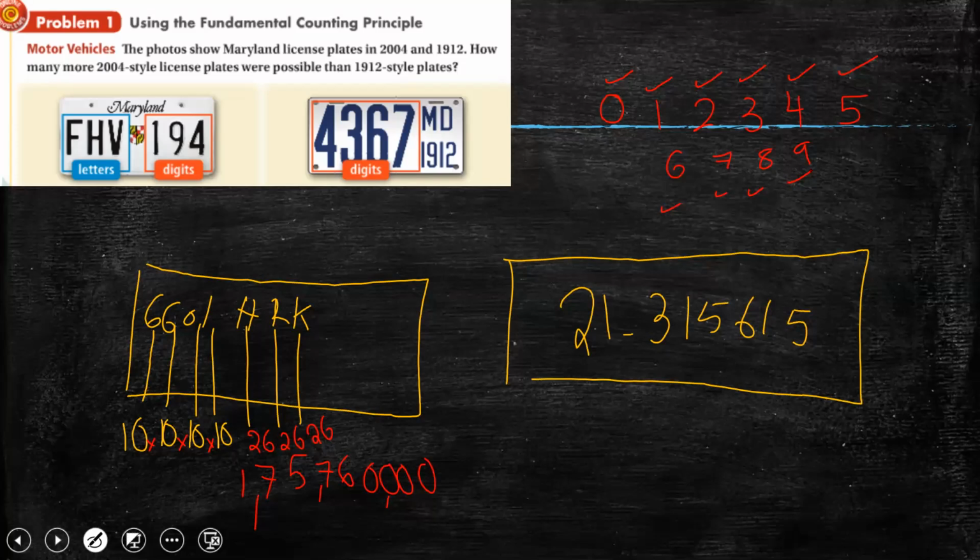But teacher, why do you stop at 9? Because those are all the numbers we need. 10 is a combination of 1 and 0. I want only the one digit number.